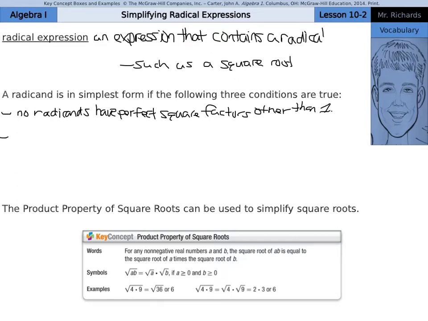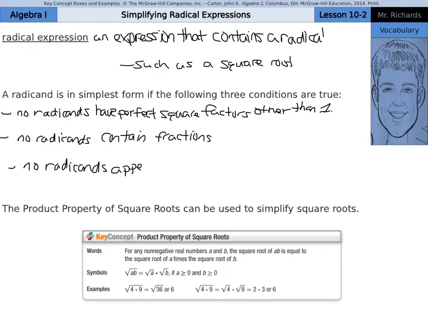Second, no radicands contain fractions. And third, no radicands appear in the denominator of a fraction.